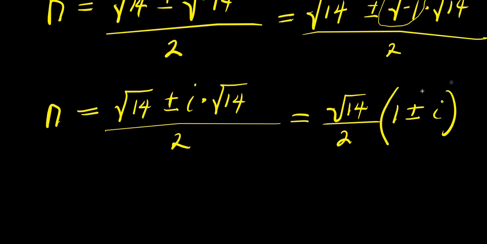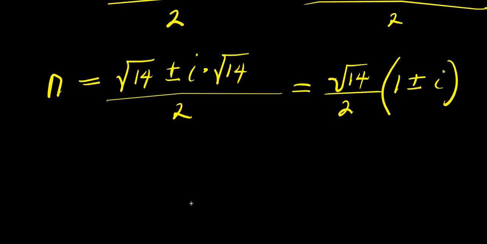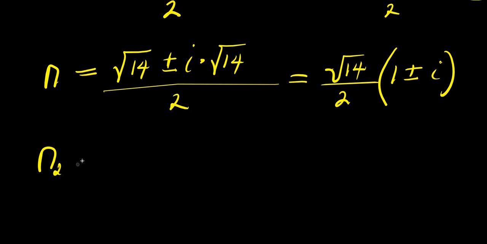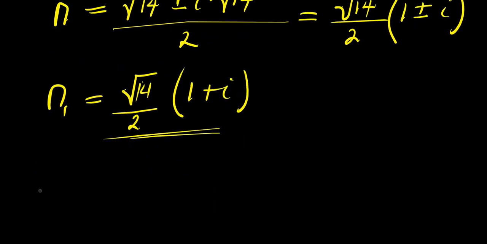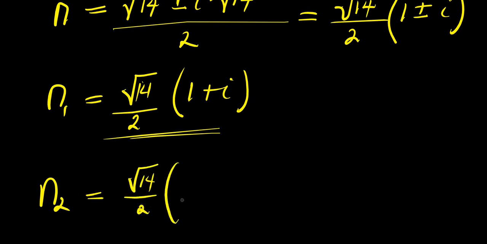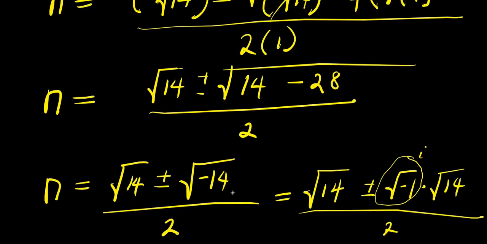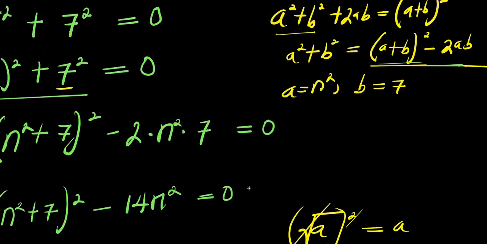So we have two complex values for n. This is my n1. We have n1 equals root 14 divided by 2 times 1 plus i. We also have n2 equals root 14 divided by 2 times 1 minus i. So these are the two complex values for n.